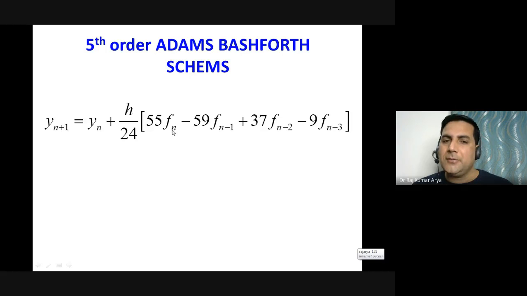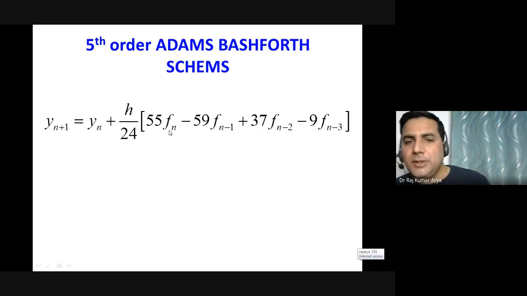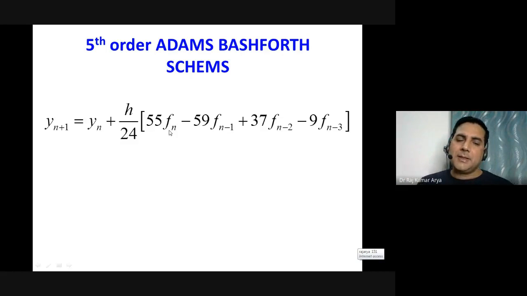It needs fn, fn minus 1, and so on. Practically the minimum starting value is n equal to 3. If we put n equal to 3, it becomes 0, 1, 2, and 3 here, right? So you need 4 function values in the beginning just to start it. Only then can you calculate n equal to 4.